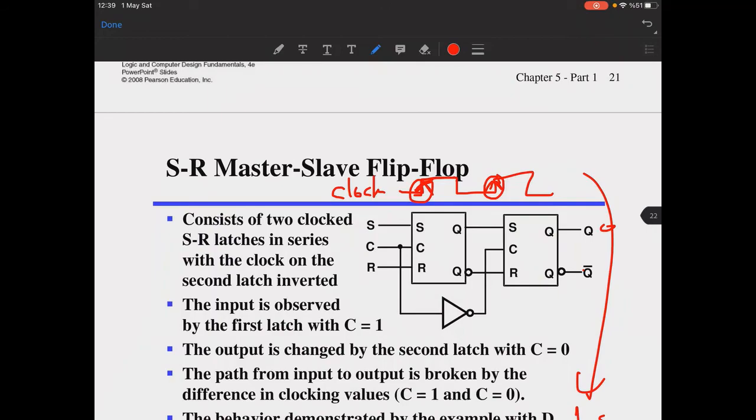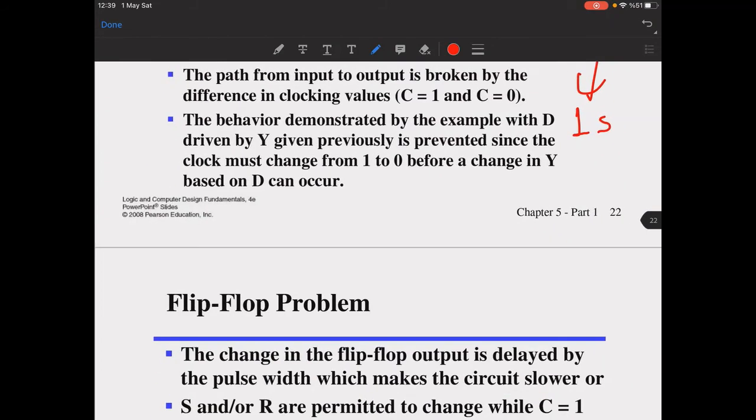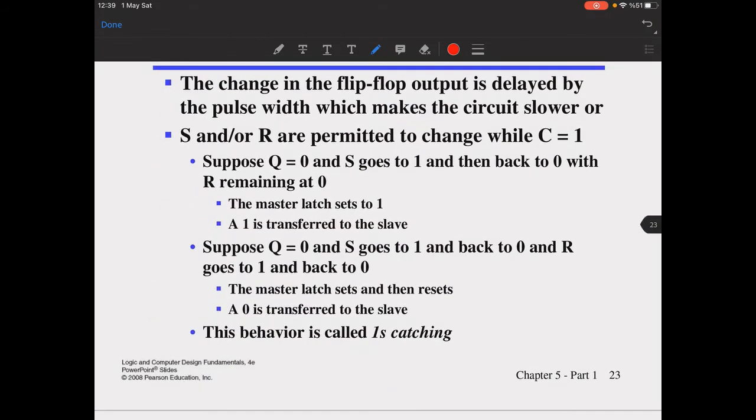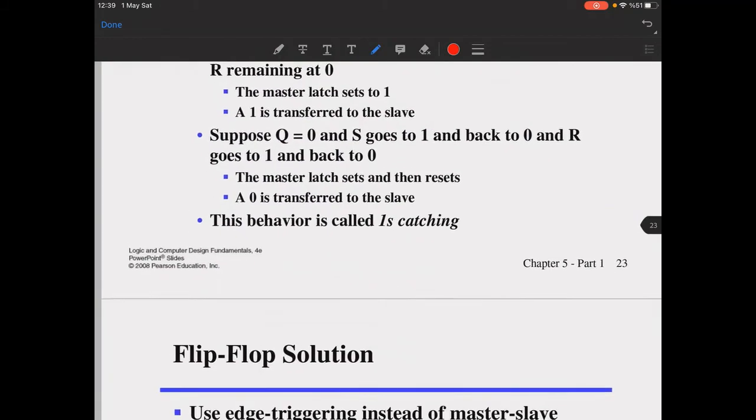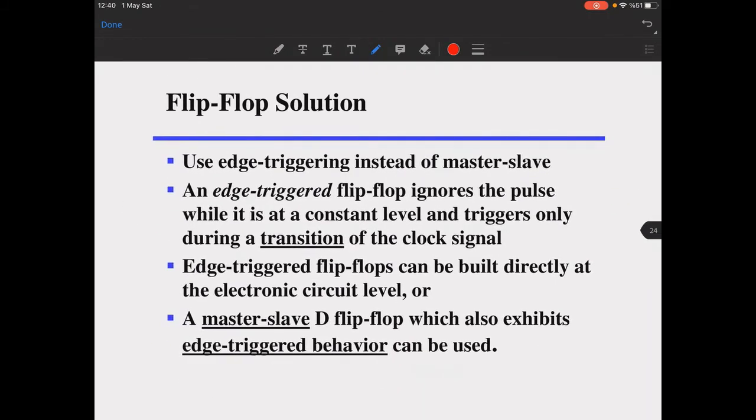So it means that it can happen instantaneously, to avoid this ones catching problem.